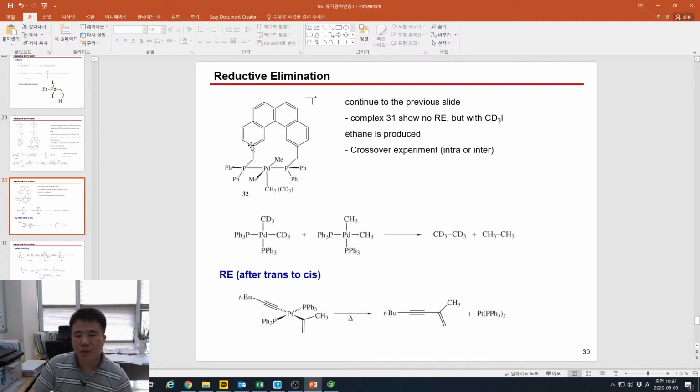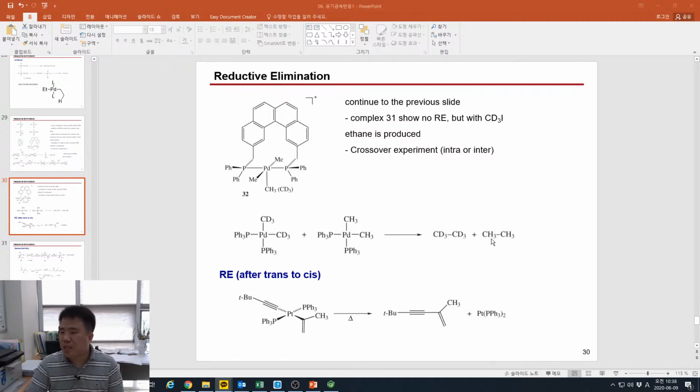Okay, let's look at the complex 31. So if you add something, the addition to transition metal, then ethane can be generated. So this is the indirect evidence. If you add CD3 complex and CH3 complex, only CD3 ethane and CH3 ethane are generated.